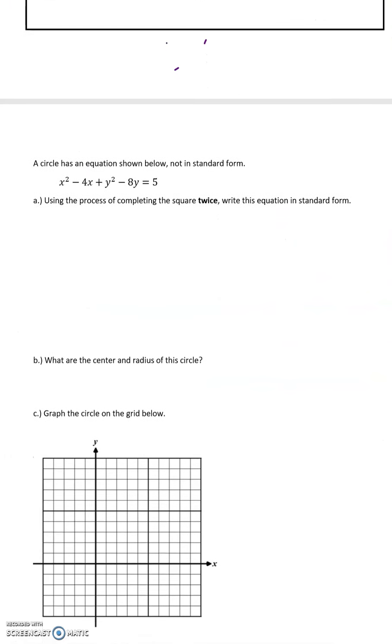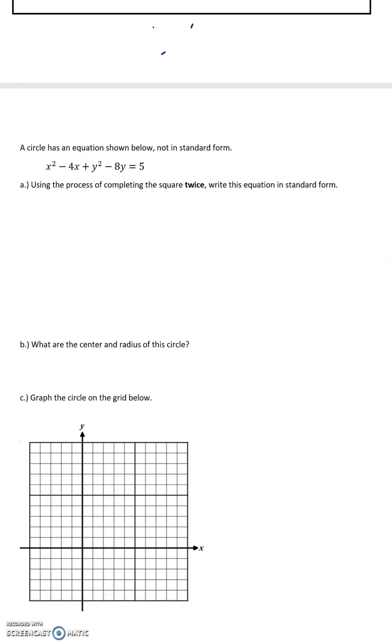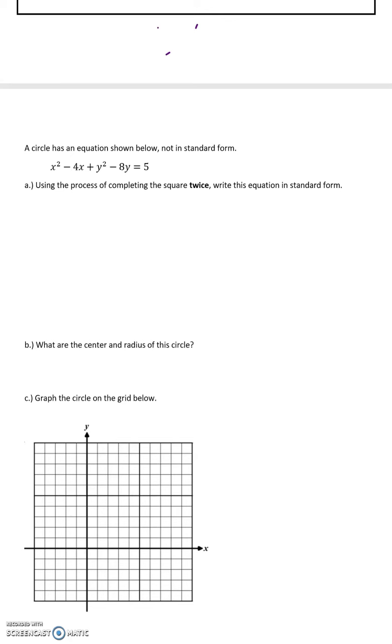So scrolling down, here a circle has an equation shown below, not in standard form. So x squared minus 4x plus y squared minus 8y equals 5. We're going to use the process of completing the square twice to write this equation in standard form.